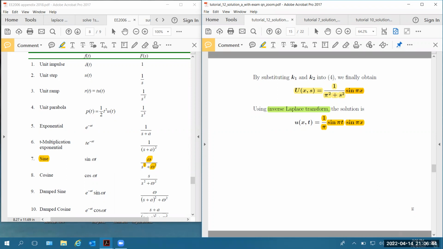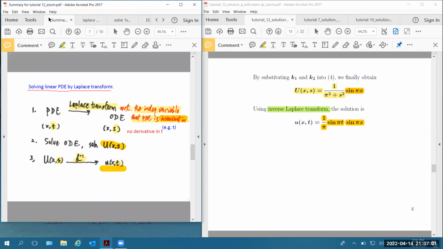Any problem? Okay, so no problem, right? So this question, do you all find it complicated or simple? Troublesome, yes. So actually we noticed that in these 3 steps, usually step 1 is not difficult.